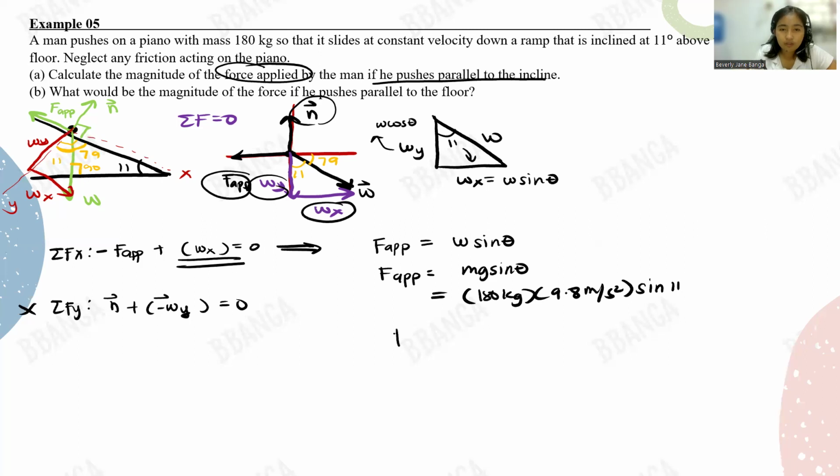So this will give me F applied is 336.59. So this is 3.37 times 10 raised to 2 newtons to the negative x.